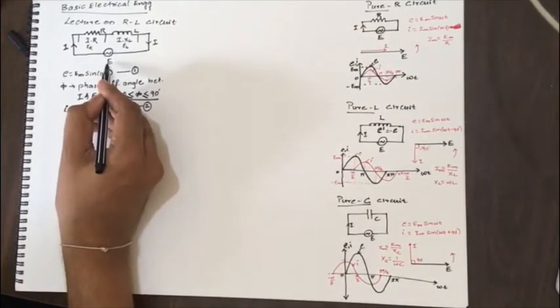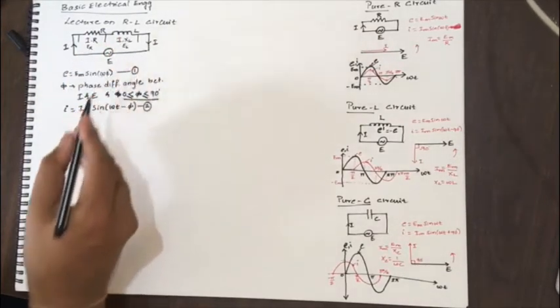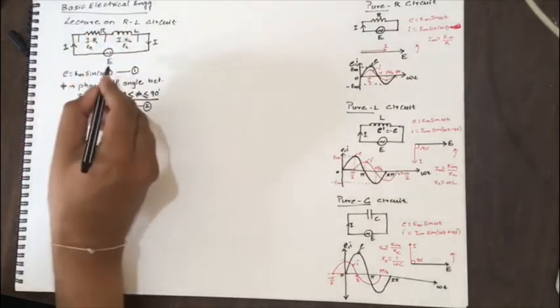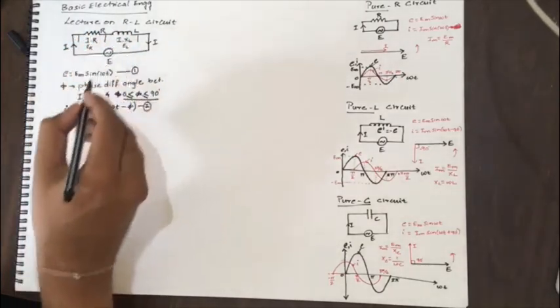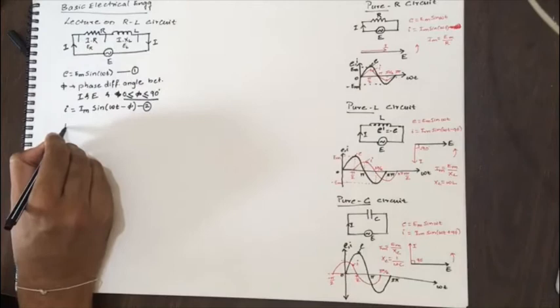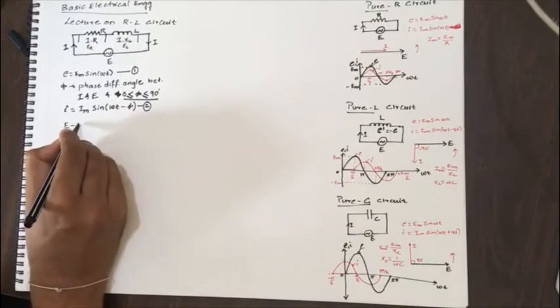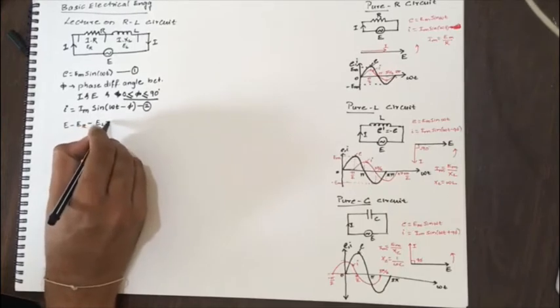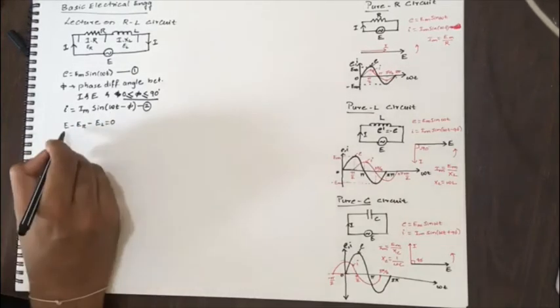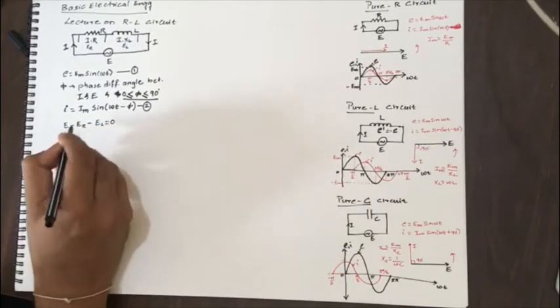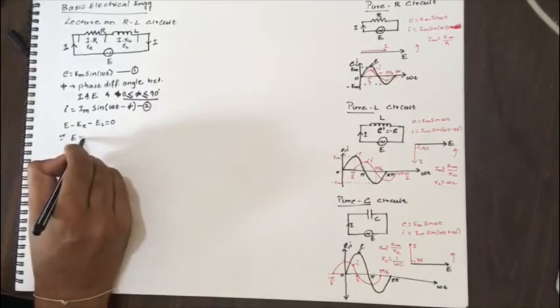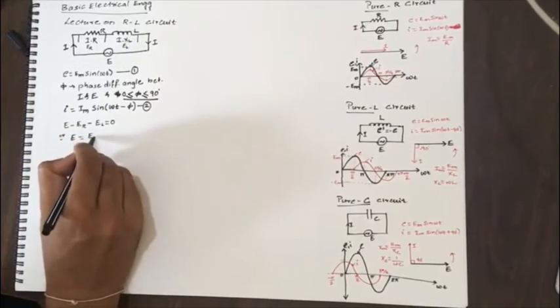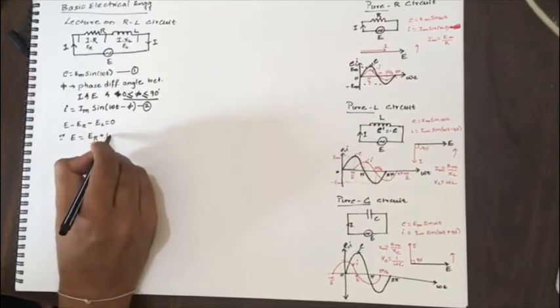So the total voltage in the circuit, when I apply KVL to this loop, I can say E minus ER minus EL is equal to 0, or E is equal to ER plus EL.